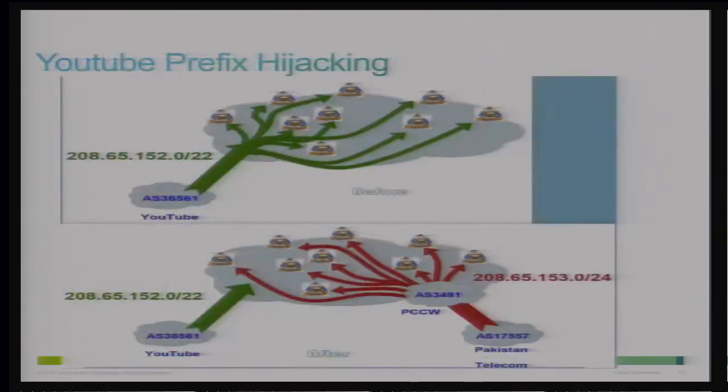So let's look at a real life example. This was, I forgot the exact time, probably 3-4 years ago. The Pakistani government wasn't happy with the content of YouTube, so it requested its service provider, the Pakistani Telecom network, to filter traffic going to YouTube. To achieve that, by mistake, they ended up advertising more specific routes of YouTube's prefixes, and then advertised them to the rest of the internet.